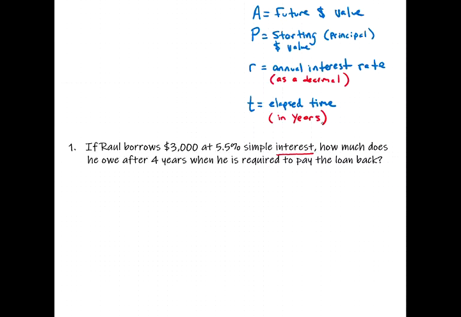Okay, and our formulas for simple interest. Well, interest is a percentage of some starting amount, whether it's an amount borrowed or amount invested. And for the percentage, we're using r. Oh, you know what?